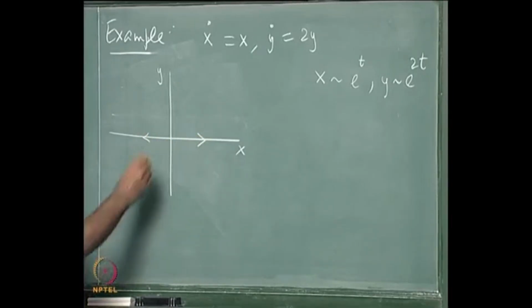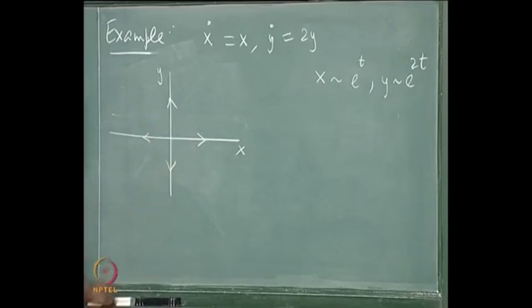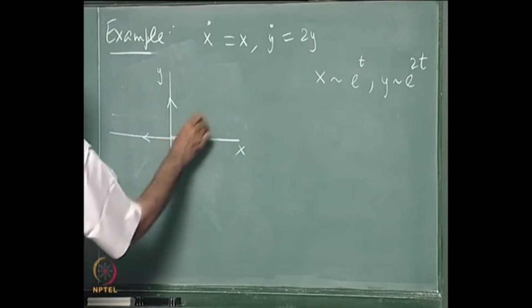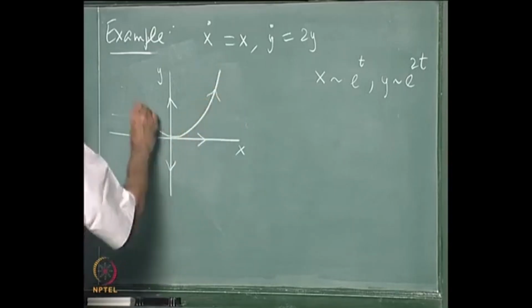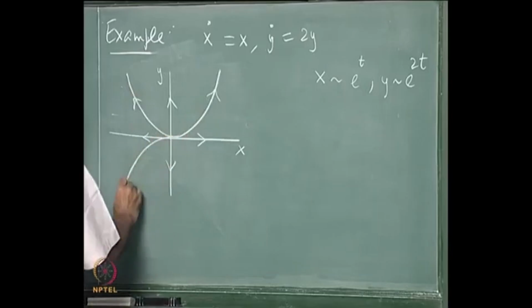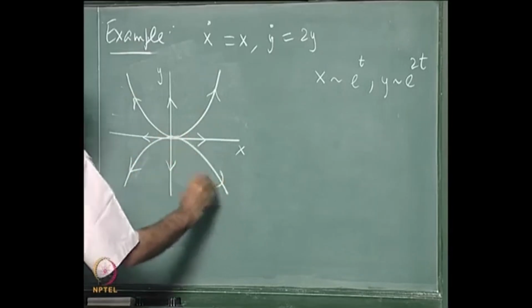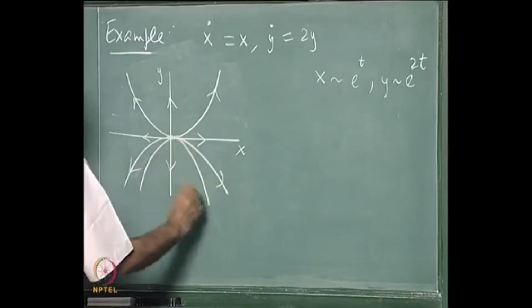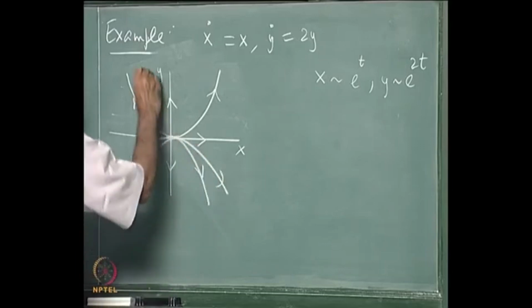If you start off at x equal to 0, you are still going to do this. But if you started off with finite positive values, say, of both x and y, the y is going to increase much more rapidly than the x, like the square of x actually. So it is going to flow off in this fashion or in this fashion here or here or here, and therefore the phase portrait looks like this.